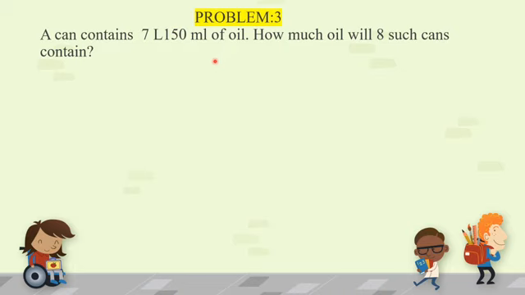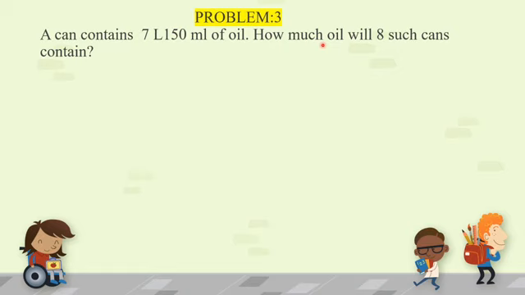One can contains 7 liter 150 milliliter of oil, and the question is asking you to go from 1 to many. So when we are going from 1 to many, what do we do? Yes, we multiply.